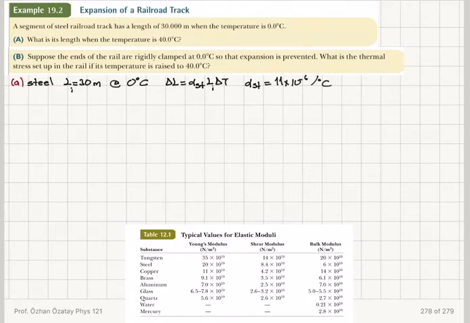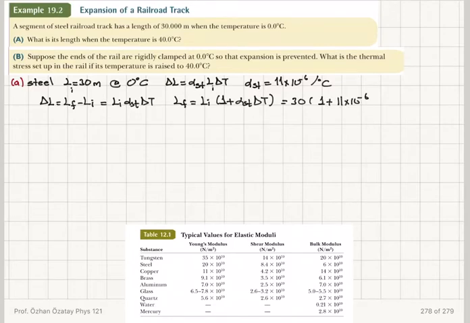So I find that the change in length, delta L, which is L final minus L initial, will be L initial times alpha steel delta T, and L final will be L initial times 1 plus alpha steel delta T. So this is going to be 30 times 1 plus 11 times 10 to minus 6.